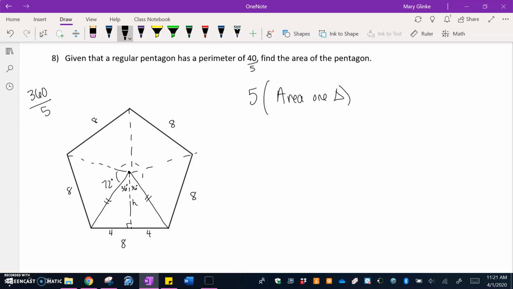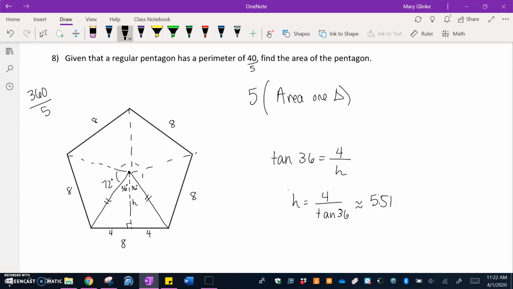So using SOHCAHTOA, the tangent of 36 equals 4 over whatever that height of that triangle is. So I can solve for that height to be 4 over the tangent of 36, which happens to be about 5.51.